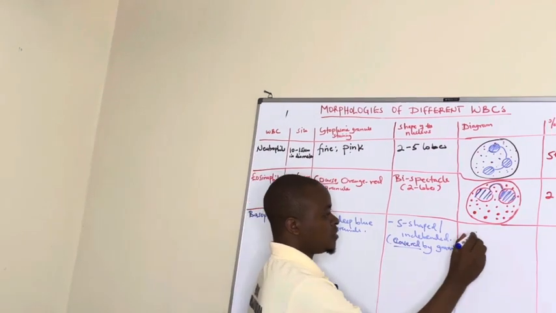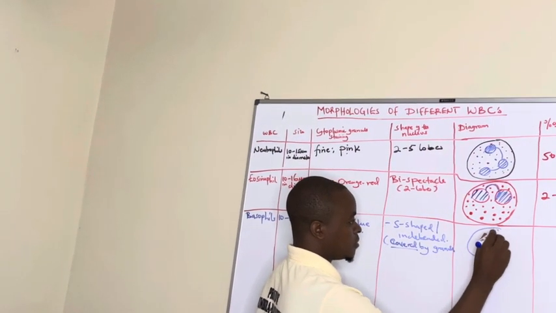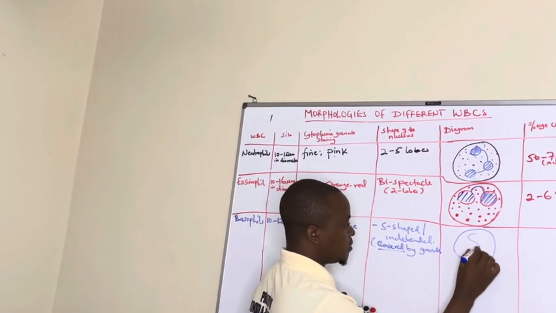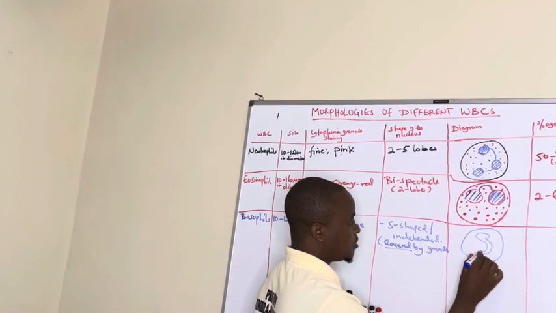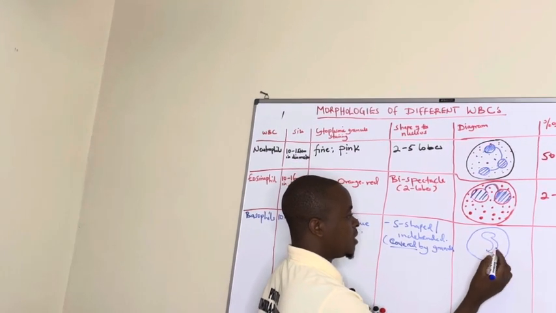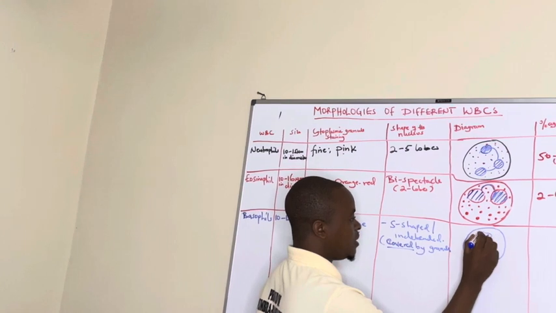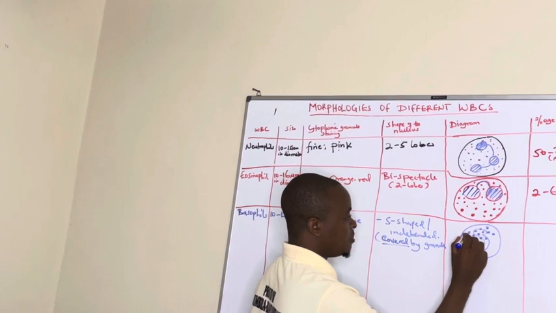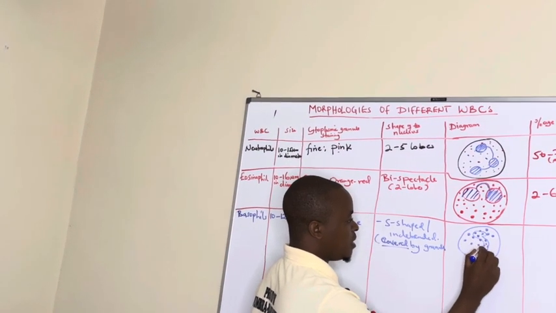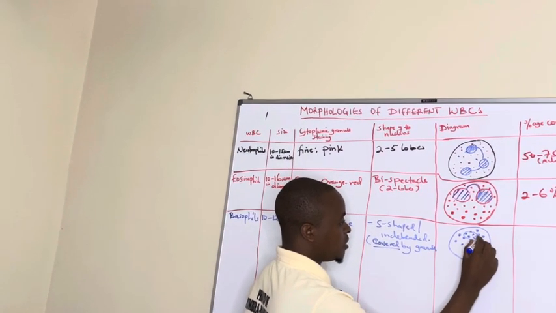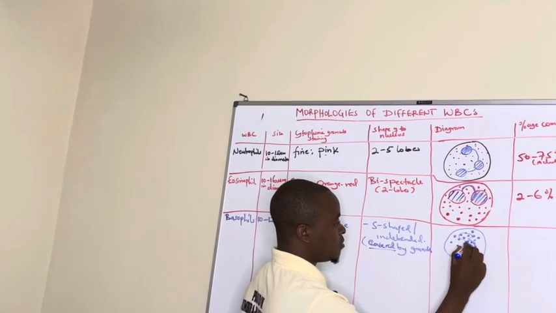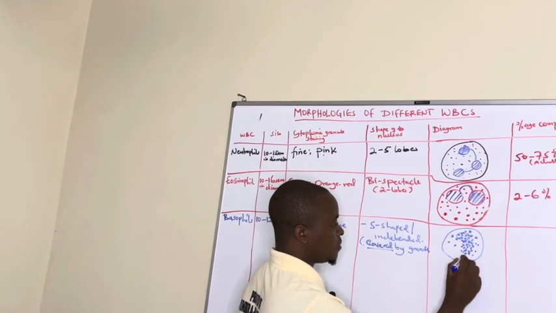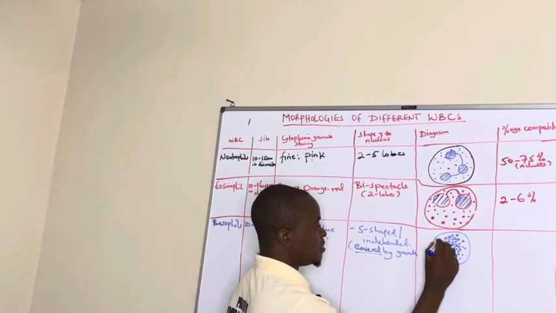And if I can draw it, being the smallest of all, it has an S-shaped or indented nucleus, but this nucleus is always covered by deep, coarse, deep blue staining granules. So it is hardly seen, because the granules are concentrated at the nucleus. So this is our basophil.